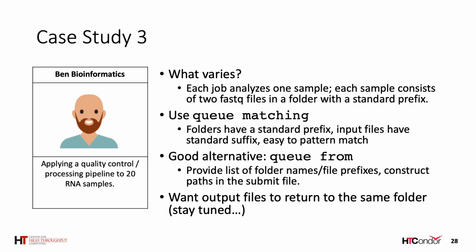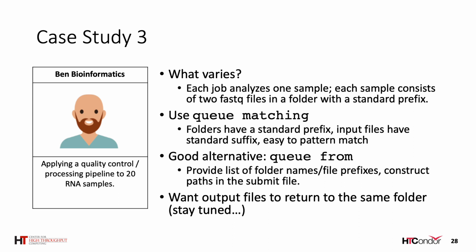Finally, we have our friend Ben Bioinformatics, and his setup is that he has one folder for each sample he wants to analyze, and in that folder he has the 2 data files for that sample. The folders are named with a specific pattern, as are the data files inside.